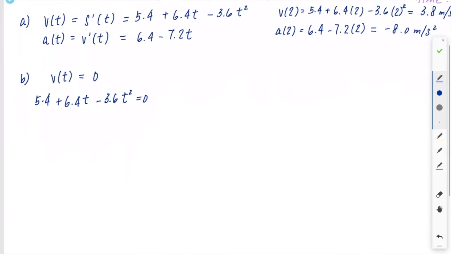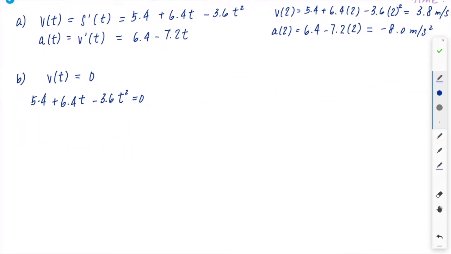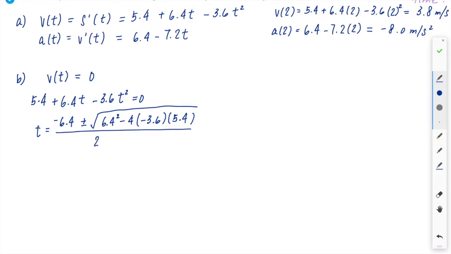As it's too complicated to factor decimals, let's take out the quadratic formula. Negative b, which is 6.4 negative, plus or minus the square root of b squared minus 4 a c, where a is negative 3.6, c is 5.4, over 2 times negative 3.6, okay?